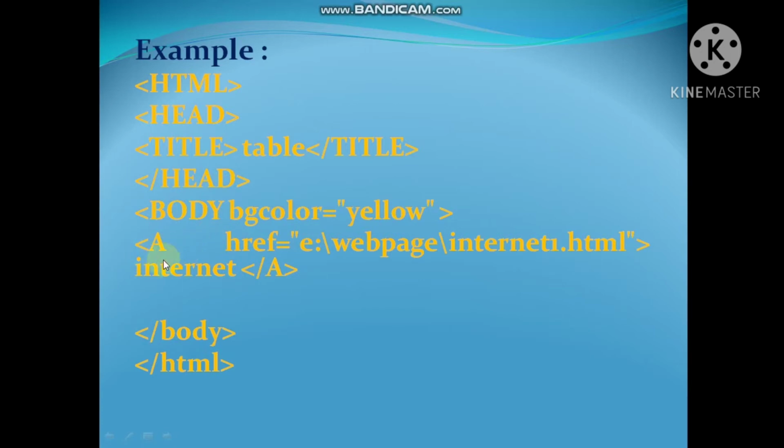I write anchor href equal to the file stored in the E drive, e:/webpage/internet1.html, and here I give the text internet, close the anchor tag, close the body and HTML. When you run this example, it displays internet underlined in the web page. Then when you click on internet, this web page is automatically opened.